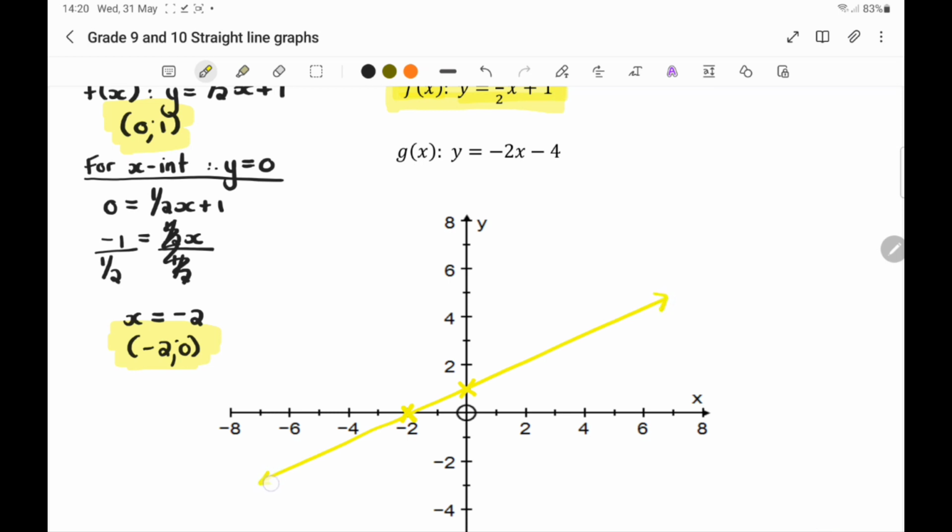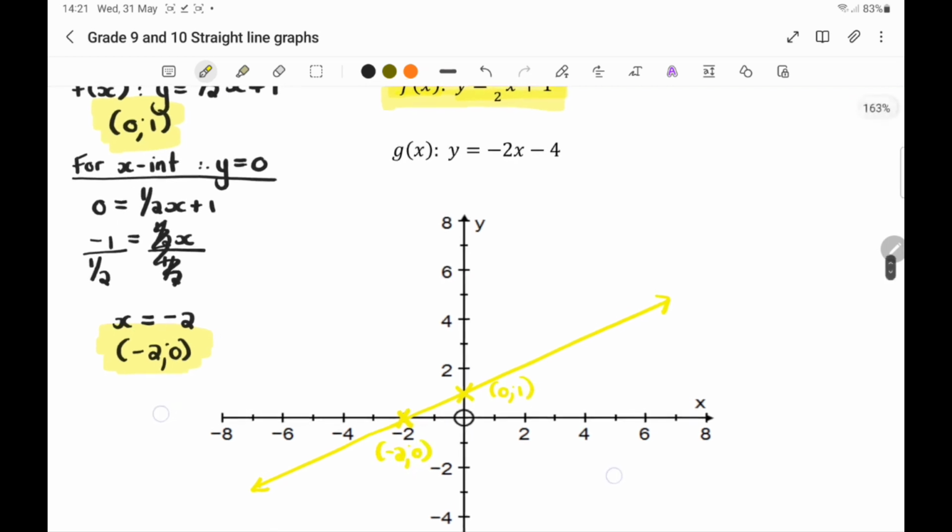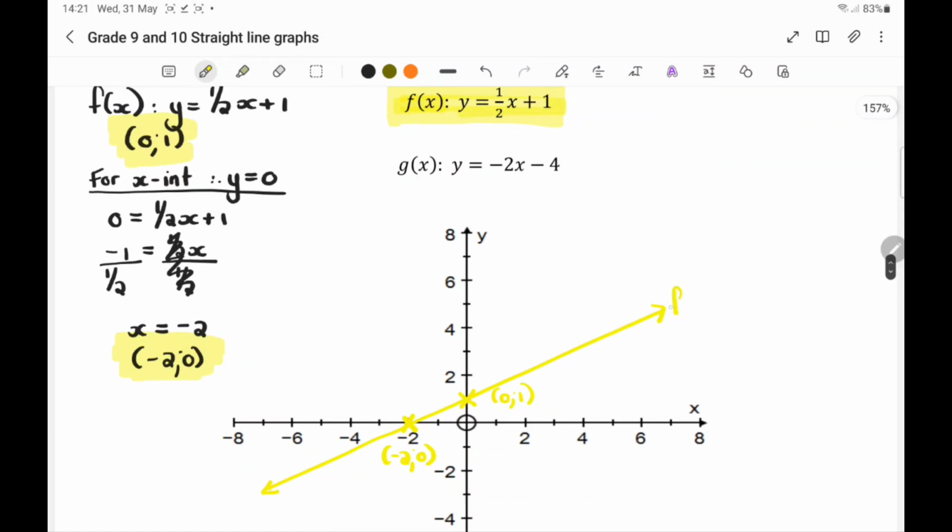Sorry, I did the best I can with my ruler, but it still doesn't look perfectly straight. But please, you have to check. Did I do a straight line with my ruler? Do I have 2 arrows at the end? Did I extend my graph? And then you can also go ahead and label your 2 intercepts. And then you have to tell me this was graph f of x.